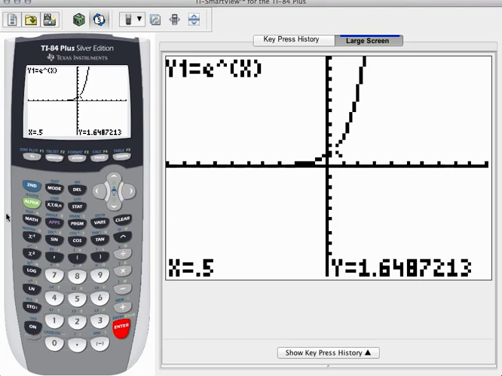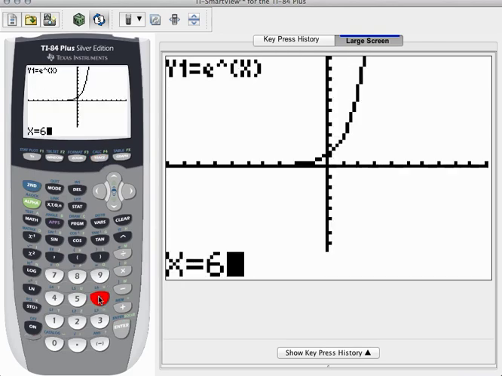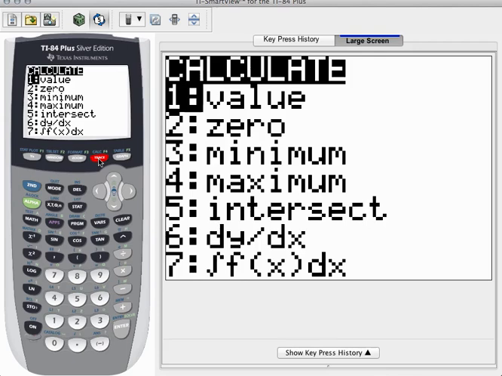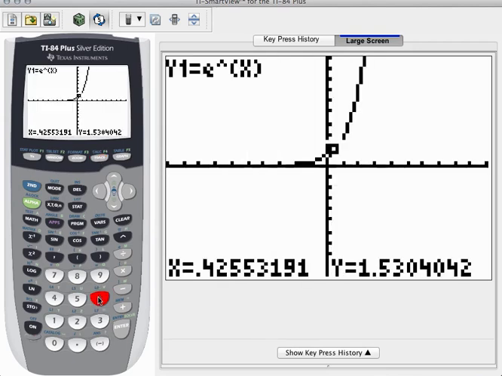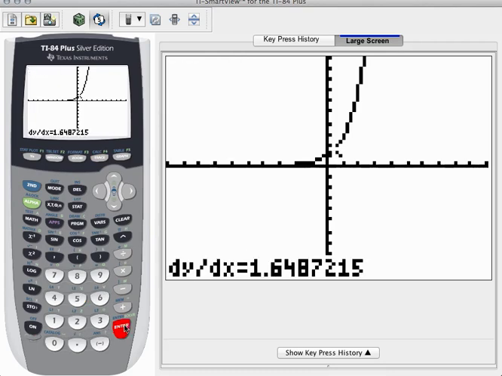So let's now do the derivative at that same x value. And once again, we get 1.649.